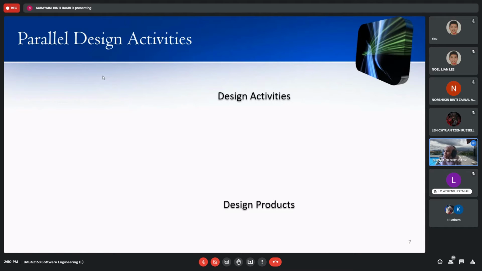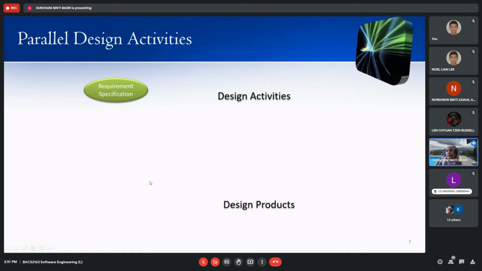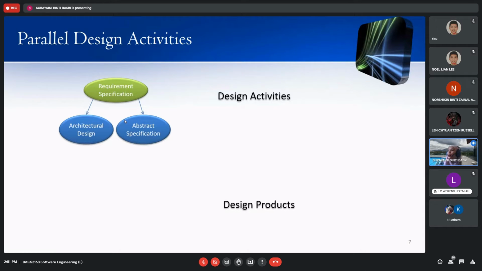So the first activity is actually the previous stage, which is the requirement specification. From the requirement specification, we will need to do architectural design, which we already learned in our chapter 6. And then after that, abstract specification.